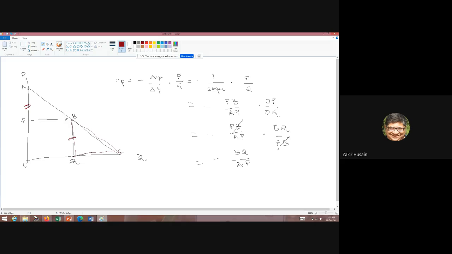If these two are similar triangles, then the ratio of these two sides must equal the ratio of these two sides.